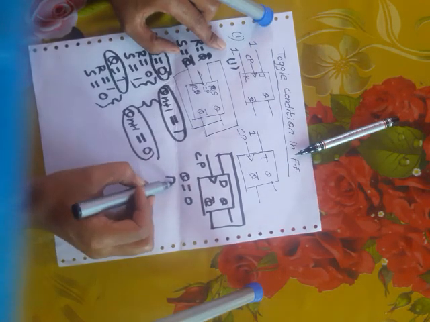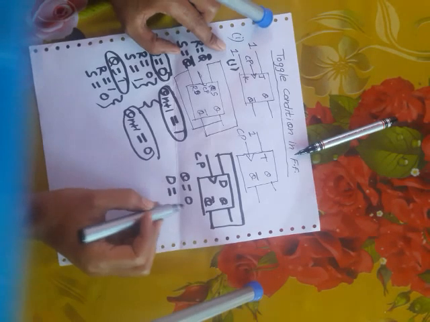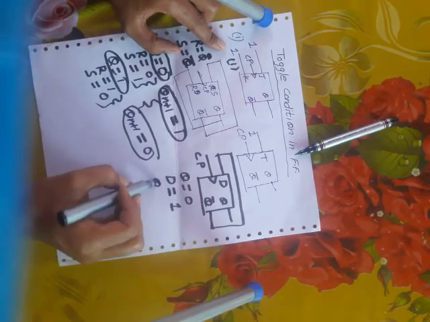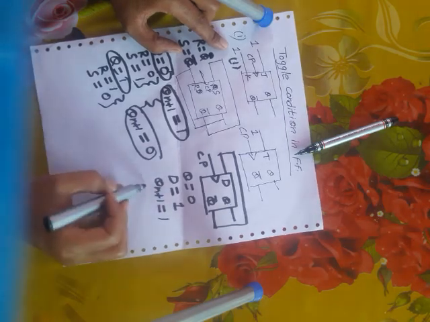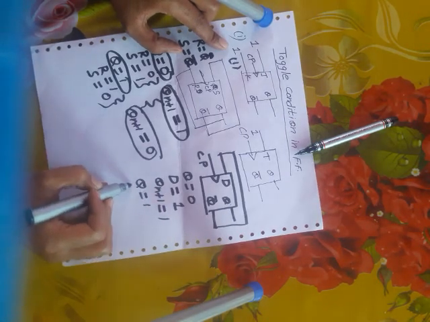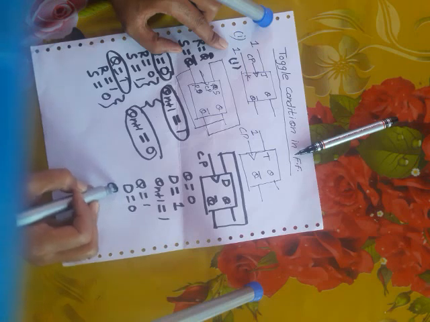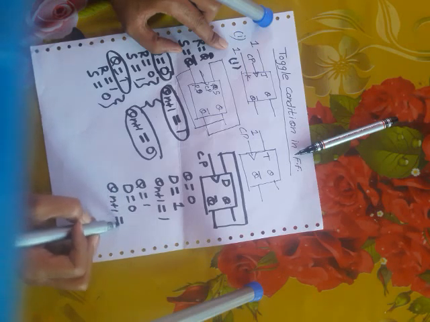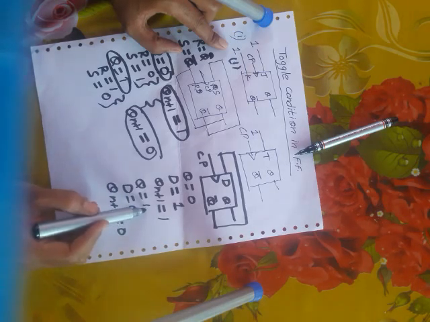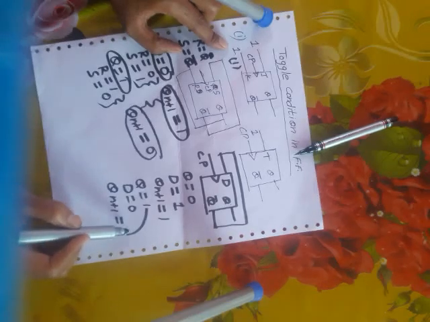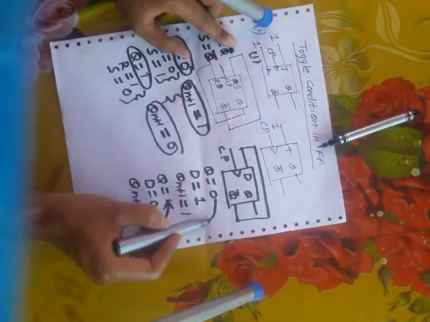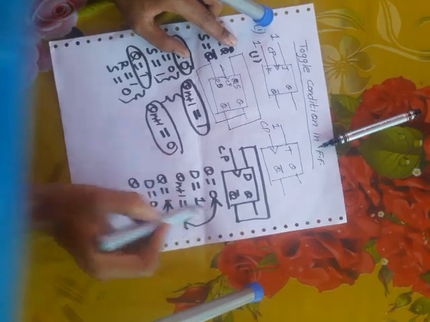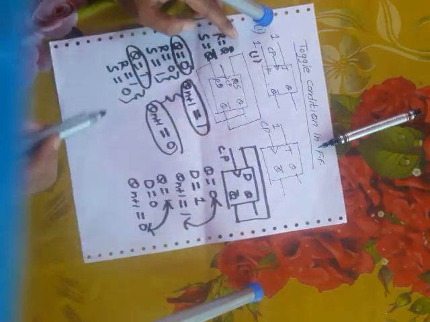What will be the value of D? D will be Q bar, meaning 1, and Qn plus 1 equals D, so 1. When Q equals 1, D will be 0 and Qn plus 1 will be 0. So from here you can conclude, when you are giving 1, we are getting 0, and when 0, we are getting 1. Again we are getting the toggle condition, number 4.